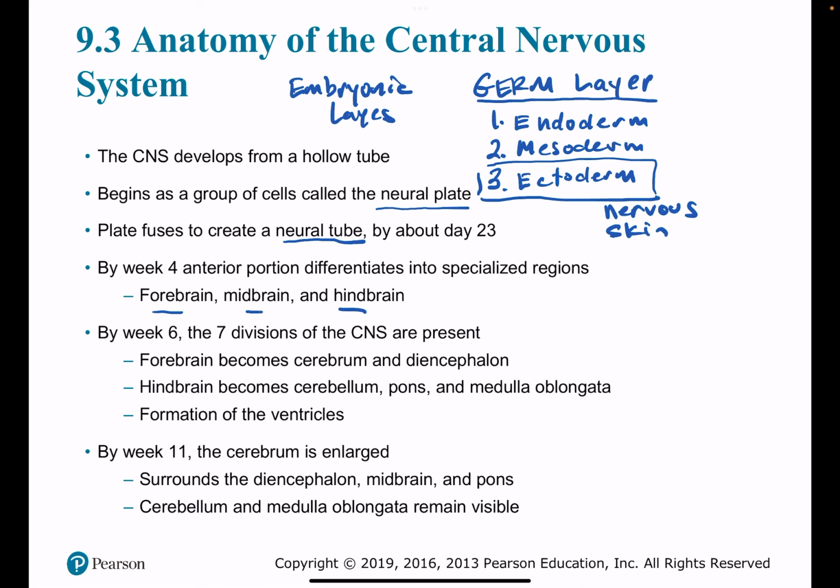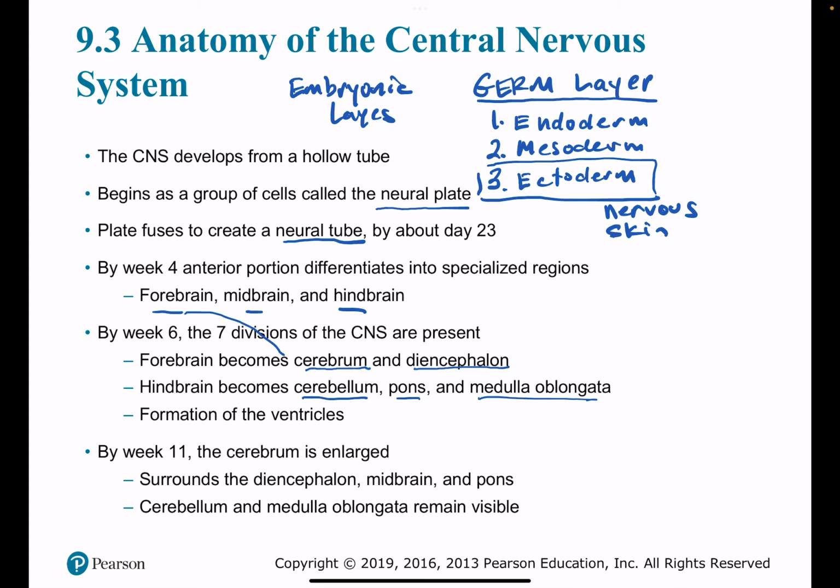And you will need to remember that the forebrain will turn into the cerebrum and the diencephalon. The midbrain just remains midbrain, so that's an easy one to remember. Midbrain just stays midbrain. But the hindbrain is going to develop more into the cerebellum, the pons, and the medulla oblongata.